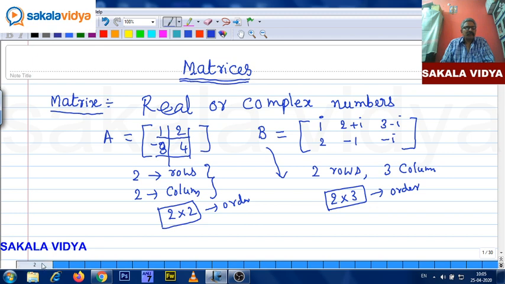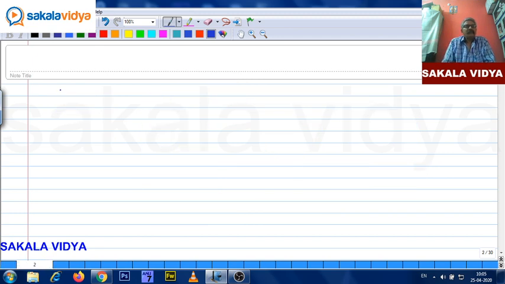For example, mn elements can be arranged in an m by n order matrix.